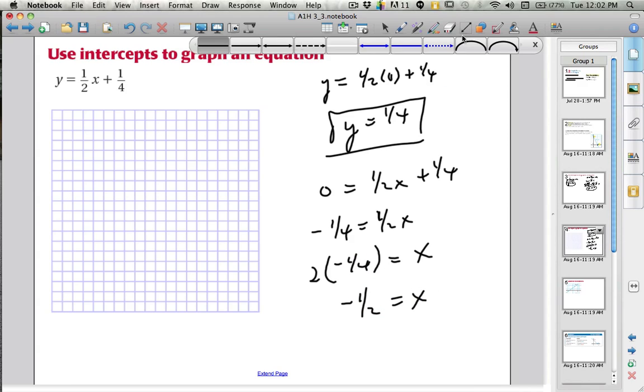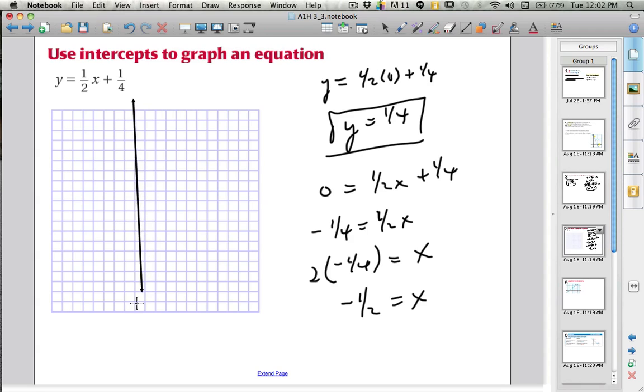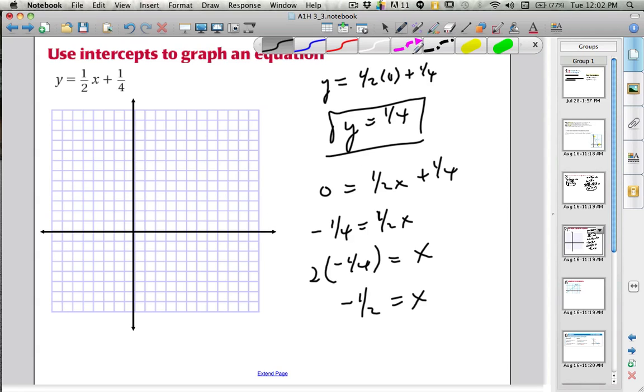So if I wanted to go ahead and graph this equation, let me go ahead and put in axes for this. And I know that my y-intercept is at 1/4. So let's do a 1/4-inch scale. 1, 2, 3, 4. So that's 1, 1, 2, 3, 4. That's 2.